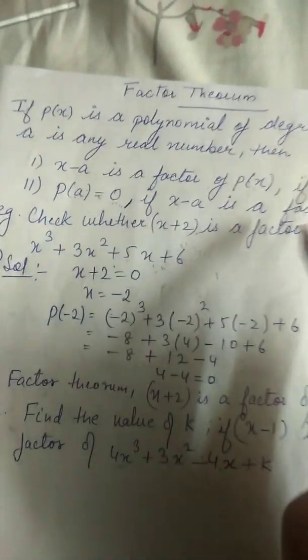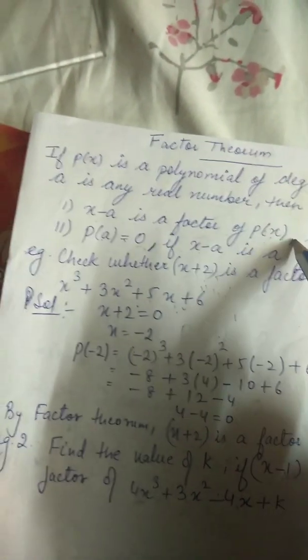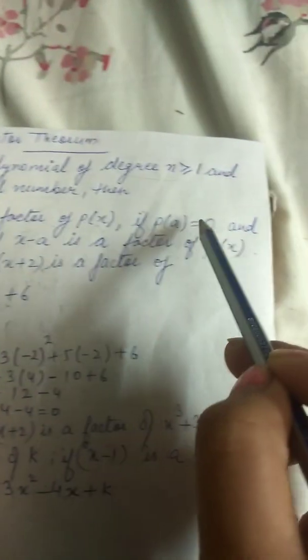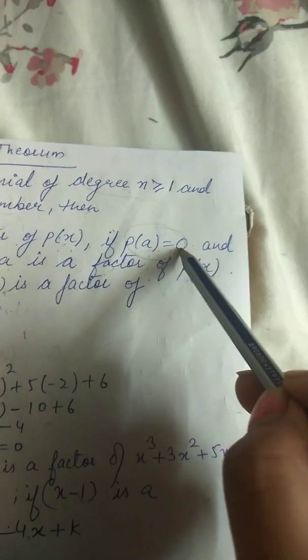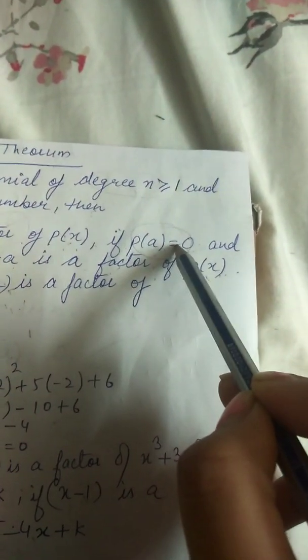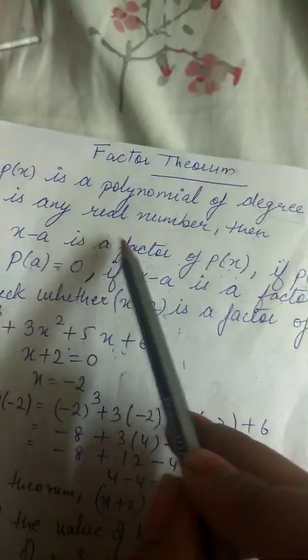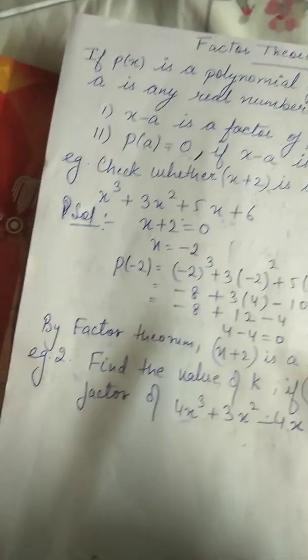It is not given that this is a factor. We have to check. So we will use the first part. Here we have to check that x minus a is a factor if P of a is 0. In this example, we first proved that P of a is 0. Then we can use factor theorem that if P of a is 0, yes, x minus a is a factor of P of x.